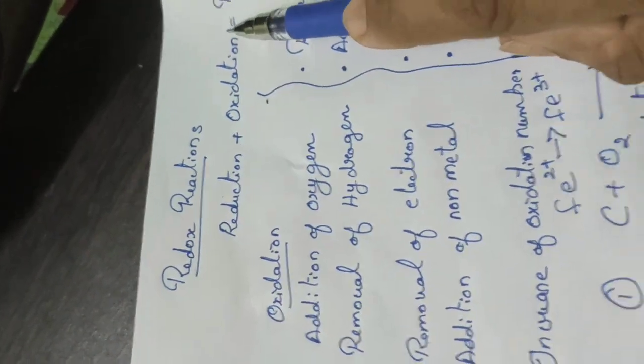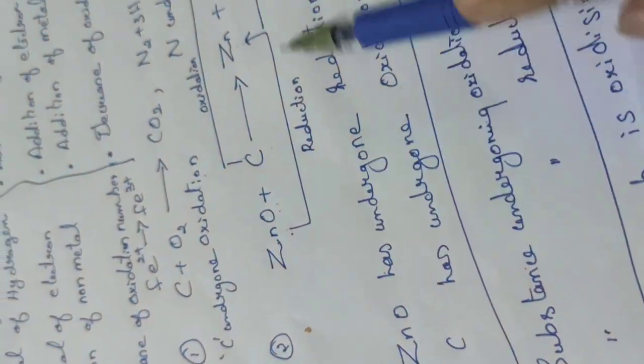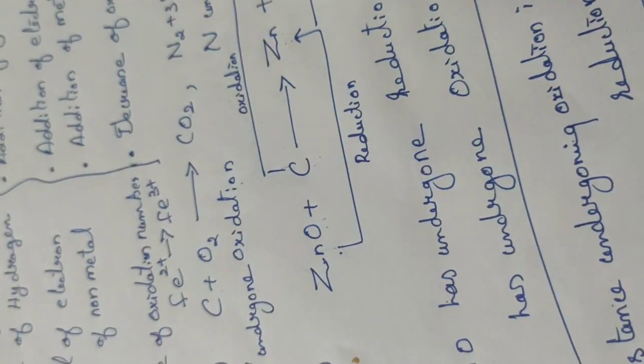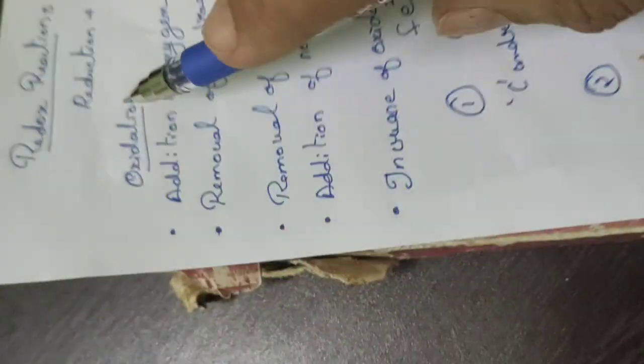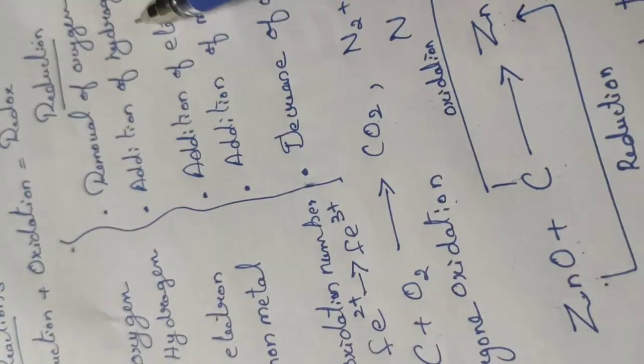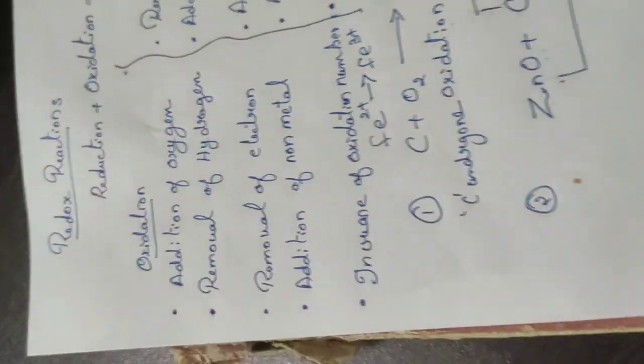Once again, redox reaction means oxidation and reduction. So in all these reactions, one substance undergoes oxidation and the other substance undergoes reduction. So this is a redox reaction. What is oxidation? Addition of oxygen, removal of hydrogen. Removal of oxygen, addition of hydrogen is reduction.